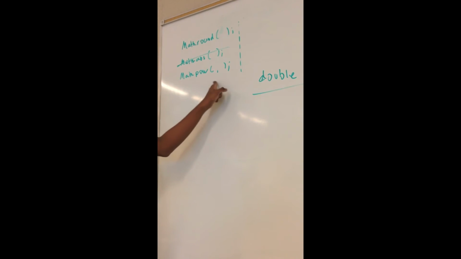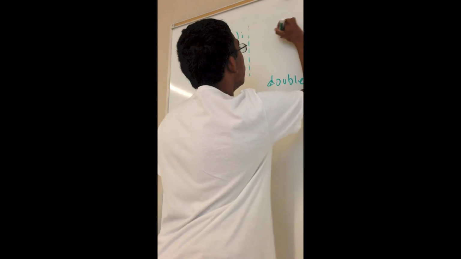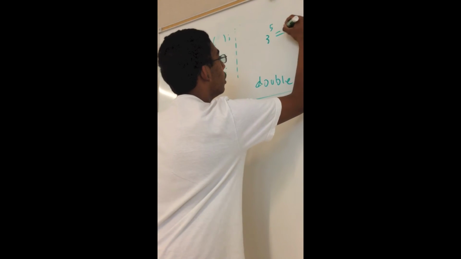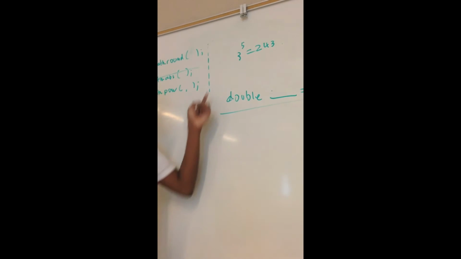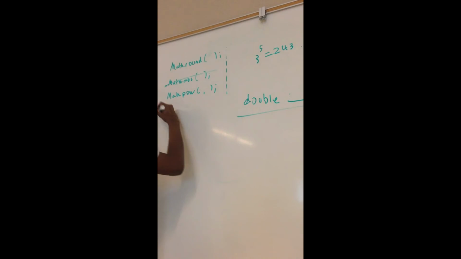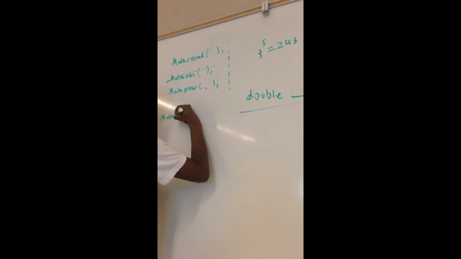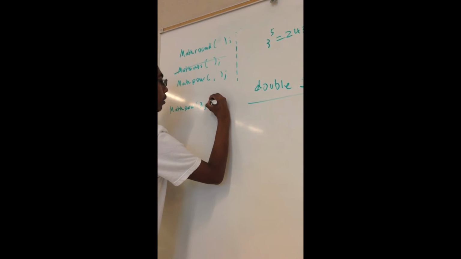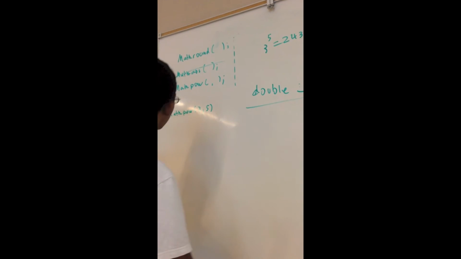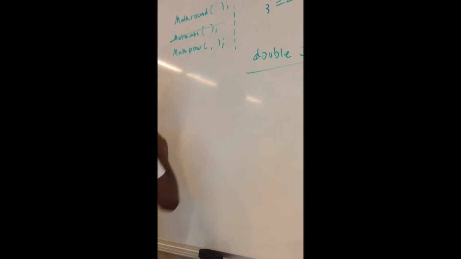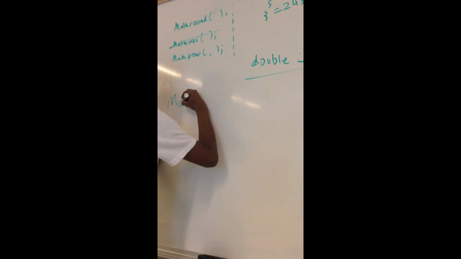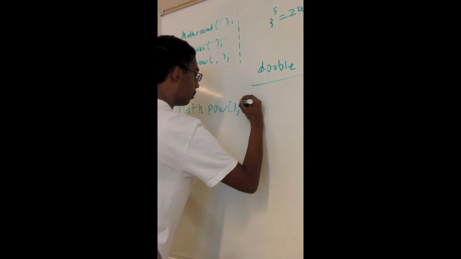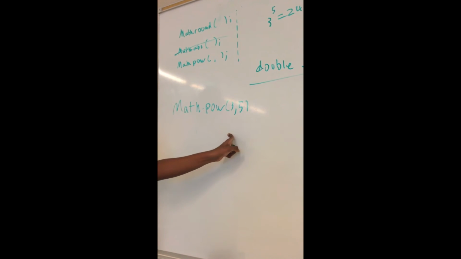Then this one is the power function. If I wanted to do 3 to the 5th, which is 243, I do Math.pow(3, 5), with a comma. All of these have Math, then a dot, and the method.